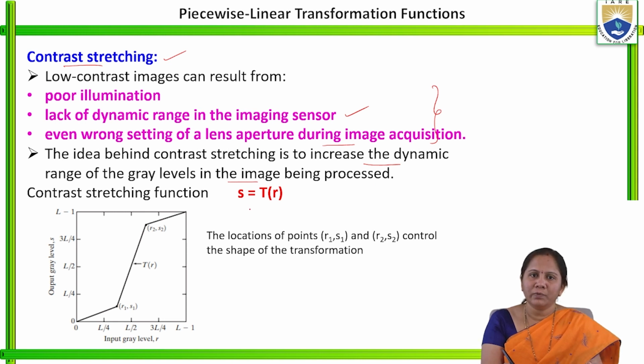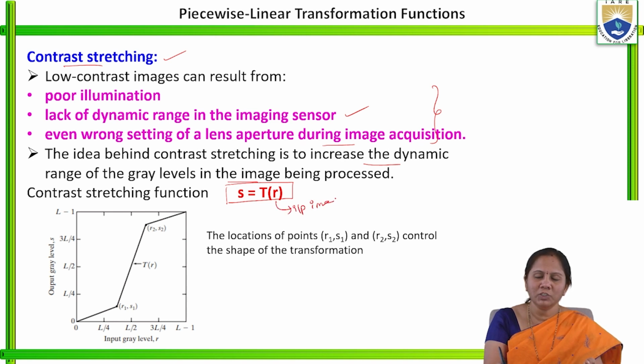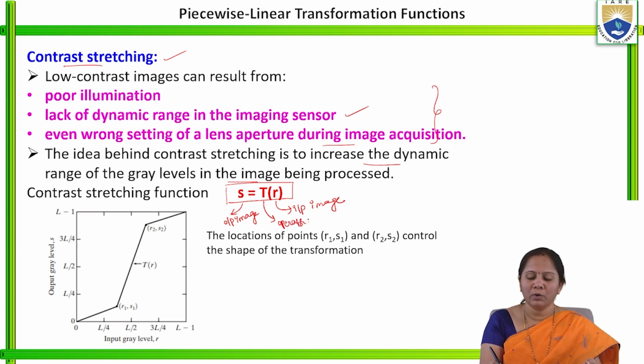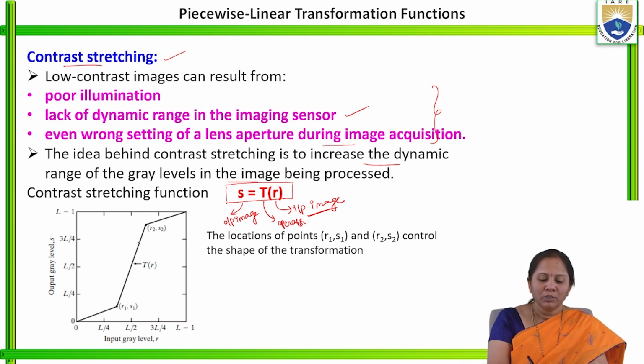The contrast stretching function is represented as S = T(R). Here R represents the pixel value of the input image, S represents the pixel value of the output image, and T represents the transform we apply on the input image, which is also called an operator.